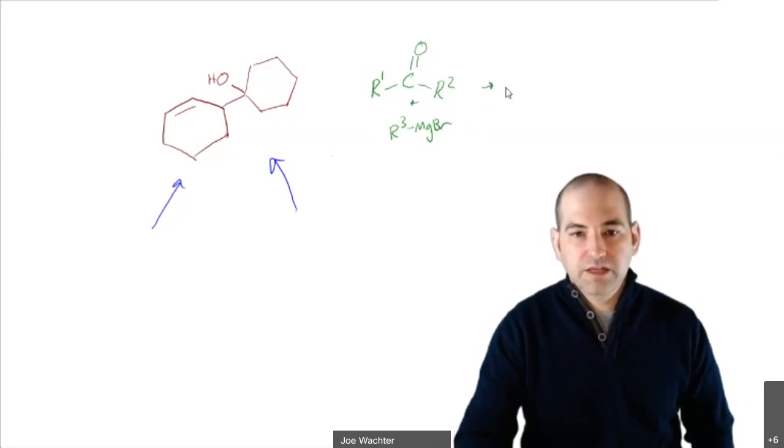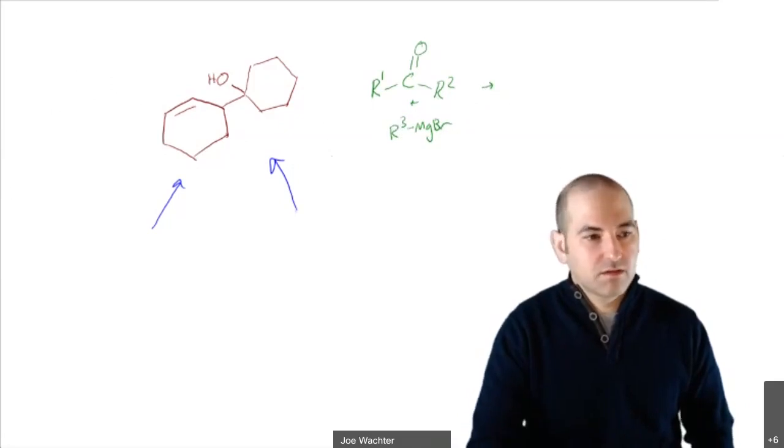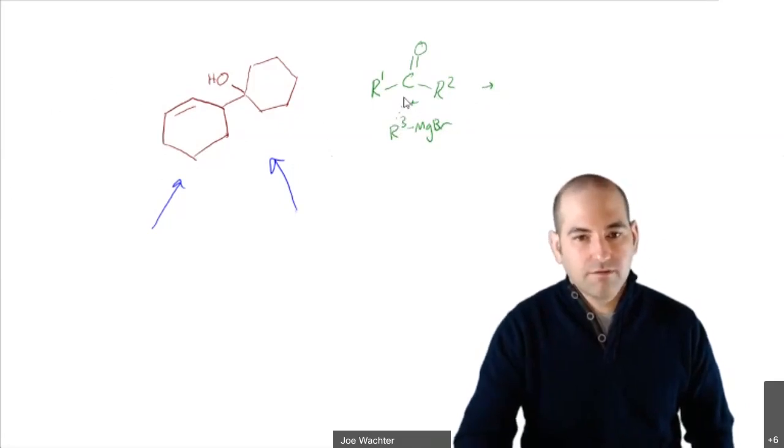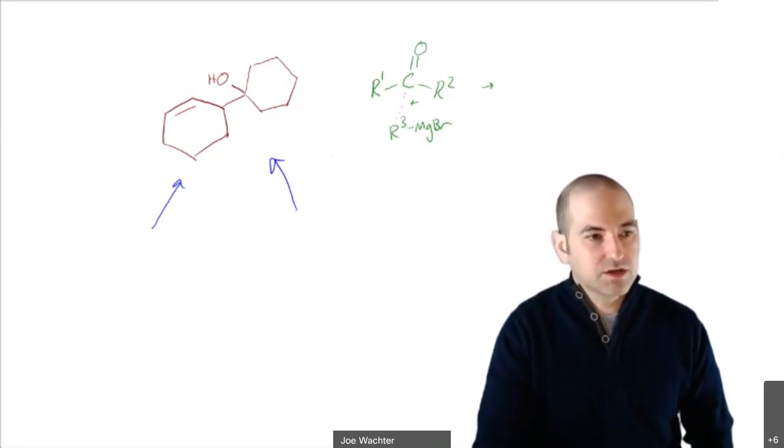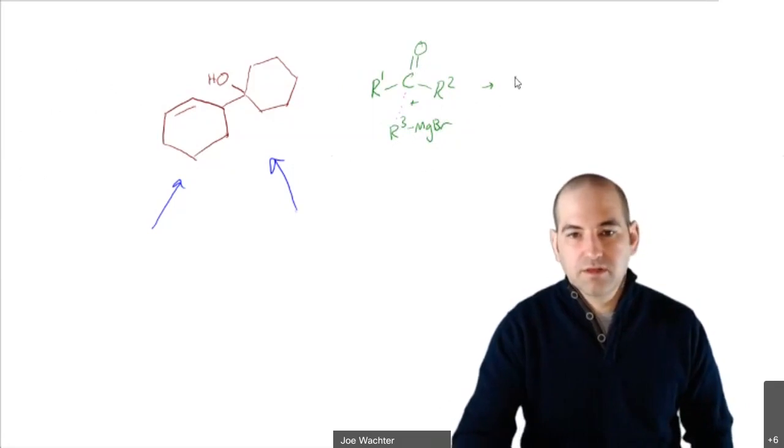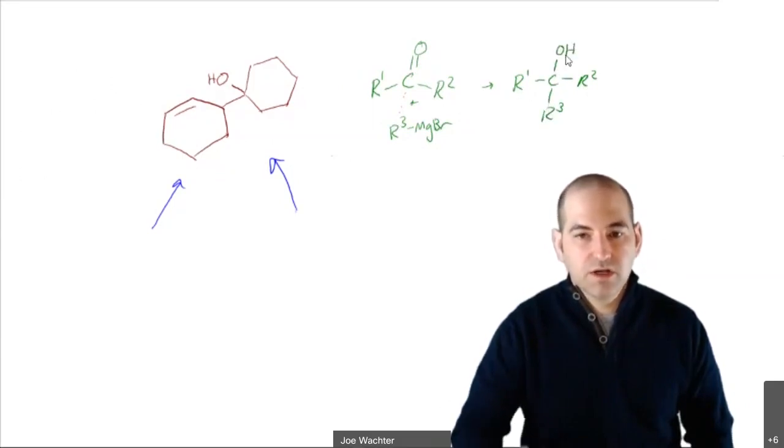And when those react together, the R from the Grignard is going to attach to the C. The O becomes the OH, and so we end up with this type of product. So R3 becomes attached to the carbon, and the OH goes there.